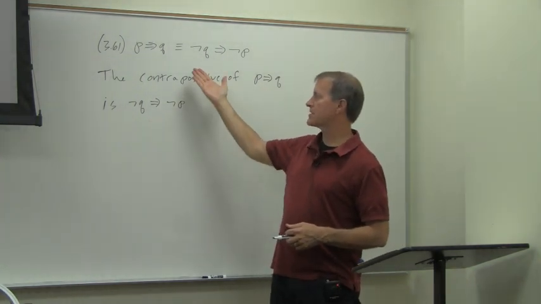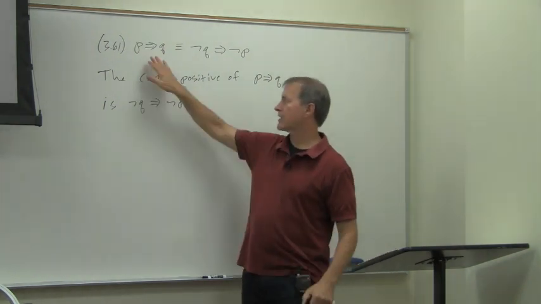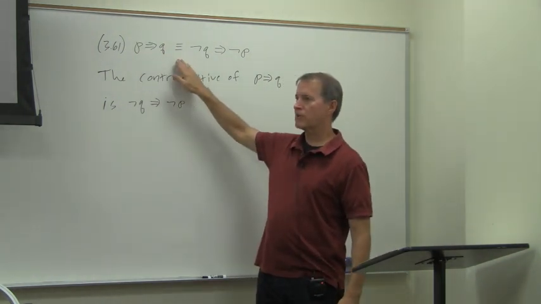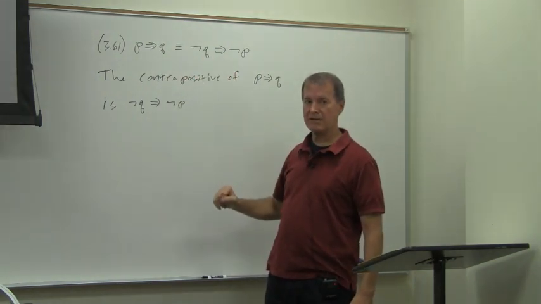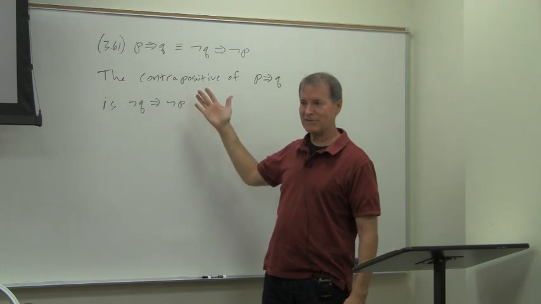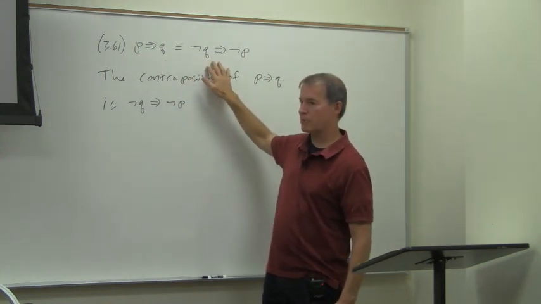So basically, what is this 3.61 saying? It's saying that an implication is equivalent to its what? To its contrapositive. That's what it's saying in English. An implication is equivalent to its contrapositive.